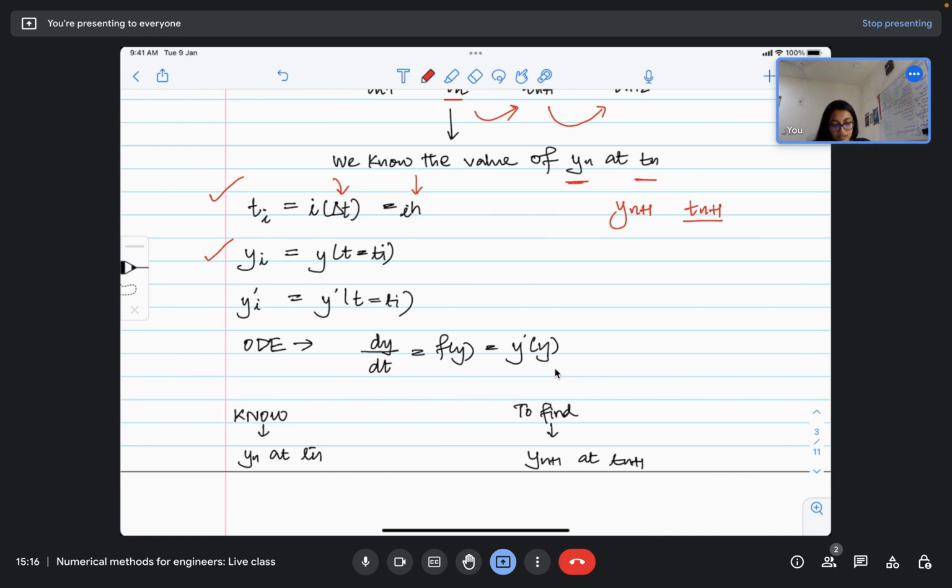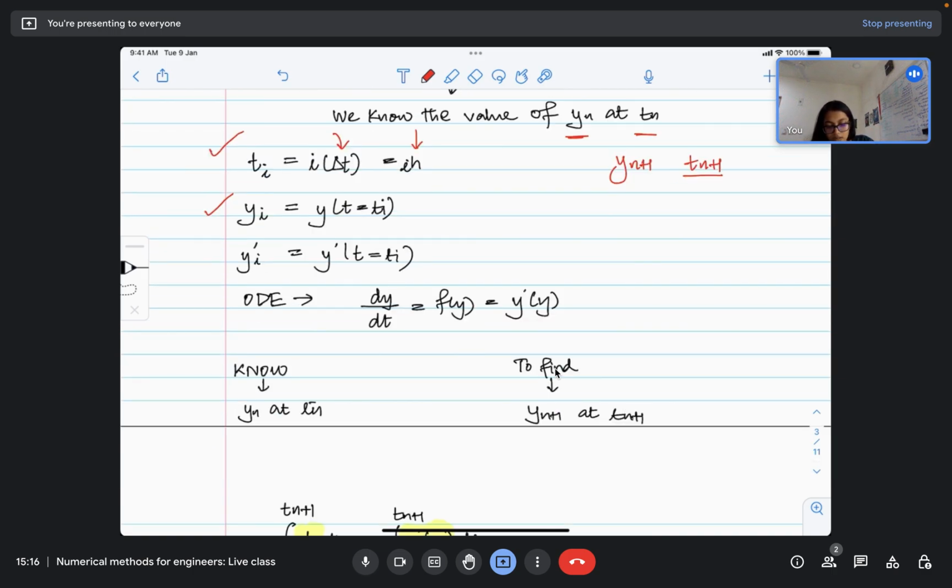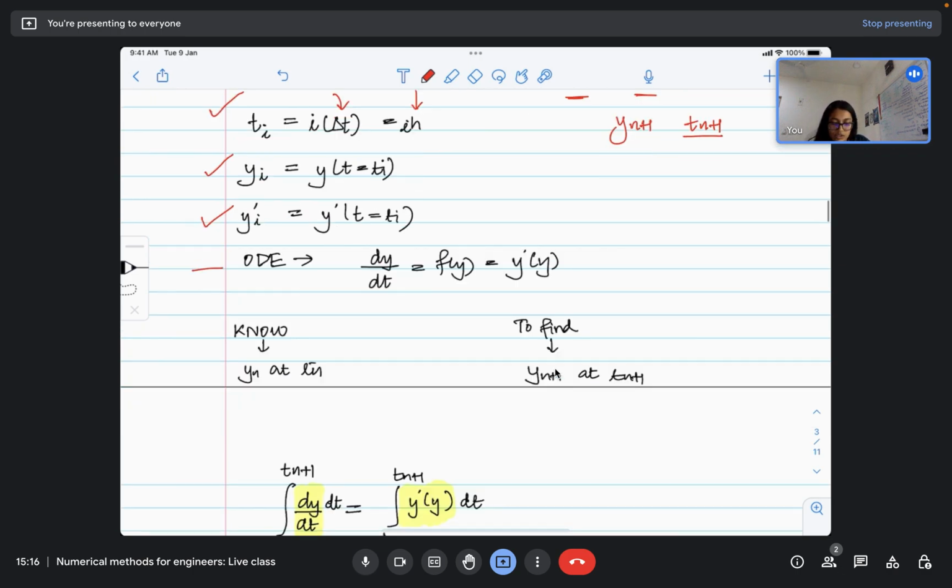Now we are also given the value of the slope at the ith point, that is y dash of i, basically y dash at t equal to t_i. The ordinary differential equation is written in this format, dy by dt is a function of y, and it can be written as y dash, which is also a function of y.